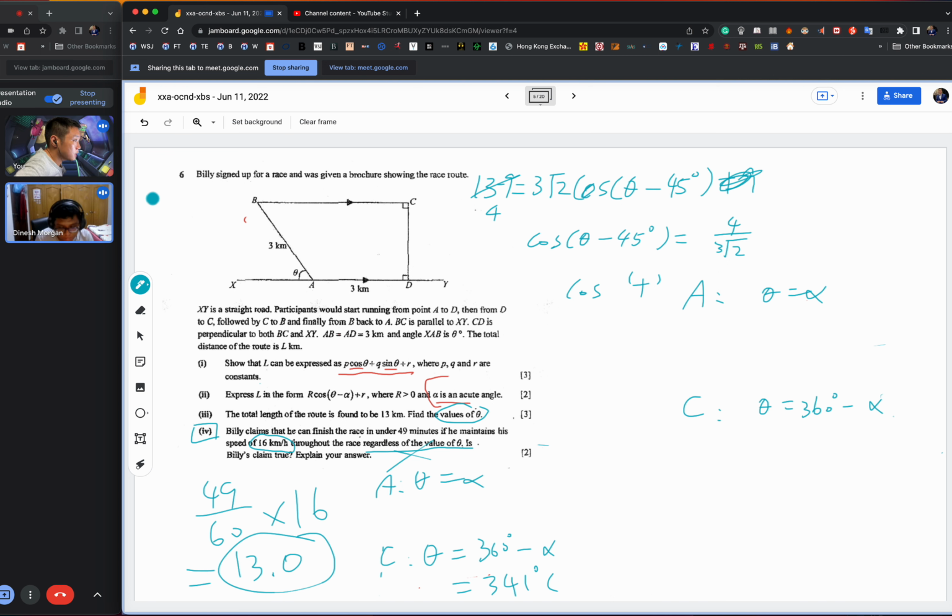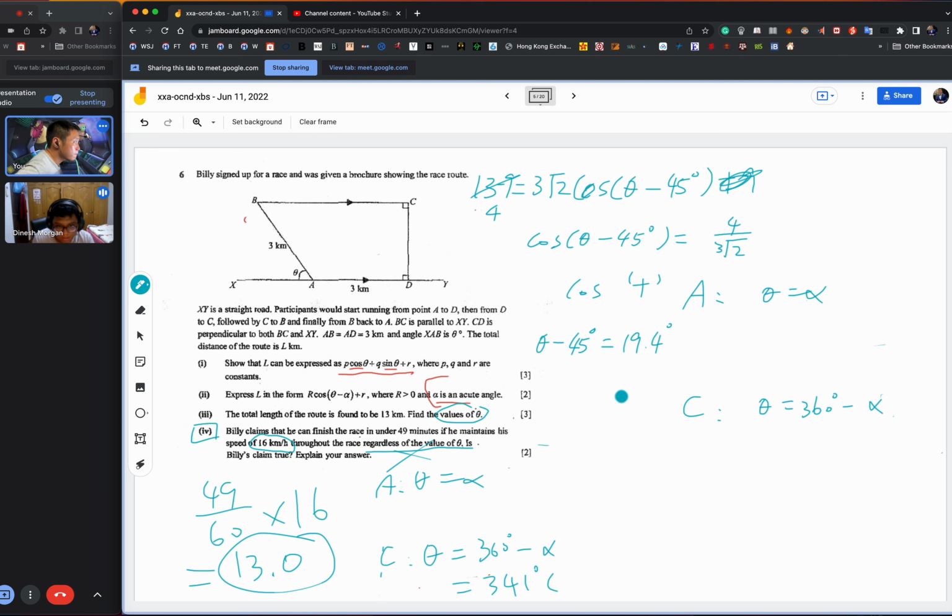So it's 19.4. So your calculator is going to give you one answer, right? Your calculator always gives you one answer. So basically theta minus 45 degree is equal to 19.4.